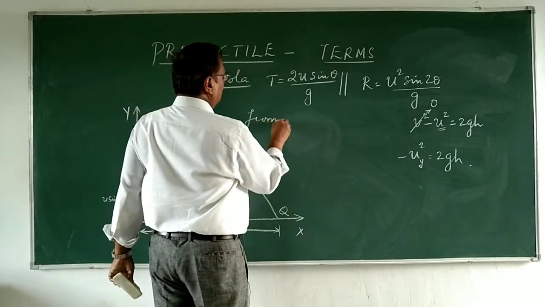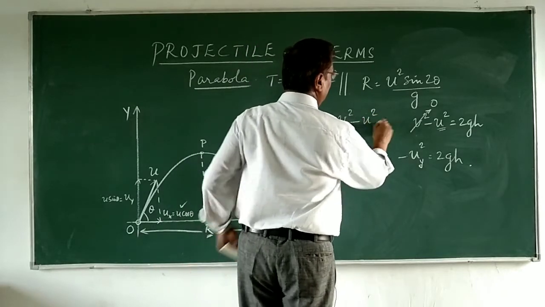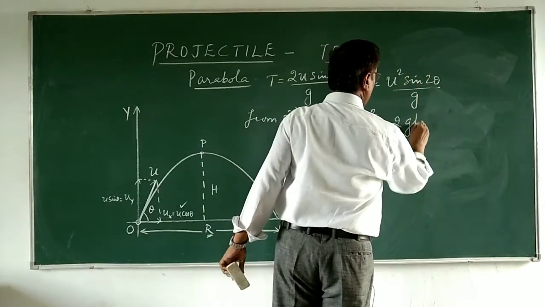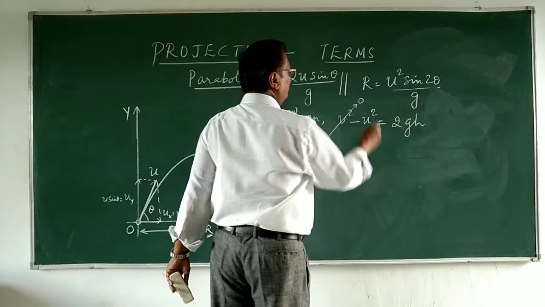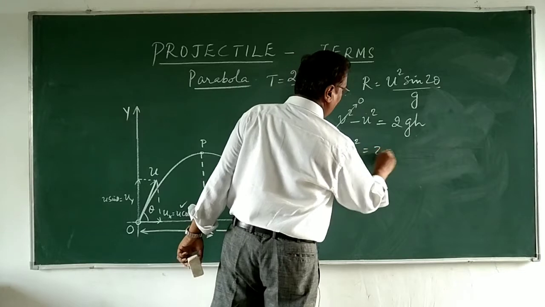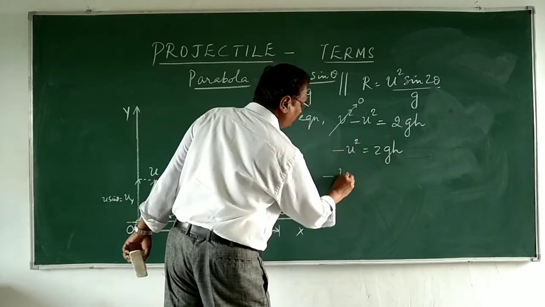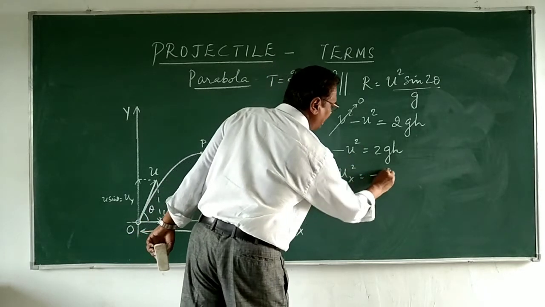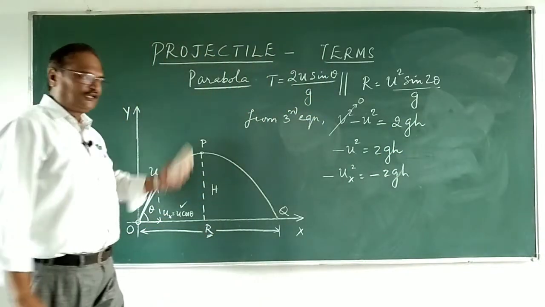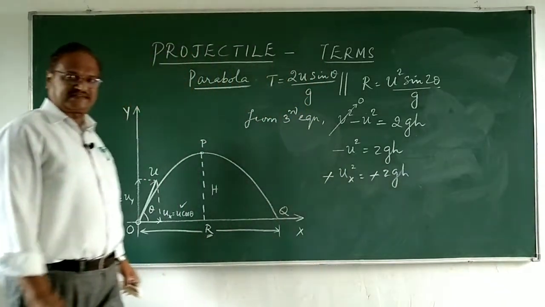Okay, from the third equation we have v square minus u square is equal to 2gh. And we said that v is 0 because at the maximum point its velocity is 0. So you have minus u square is equal to 2gh, or minus the y component square is equal to minus 2gh. Why? g is negative, it is going upward, so I brought a negative sign here. This negative sign and this negative sign get cancelled.